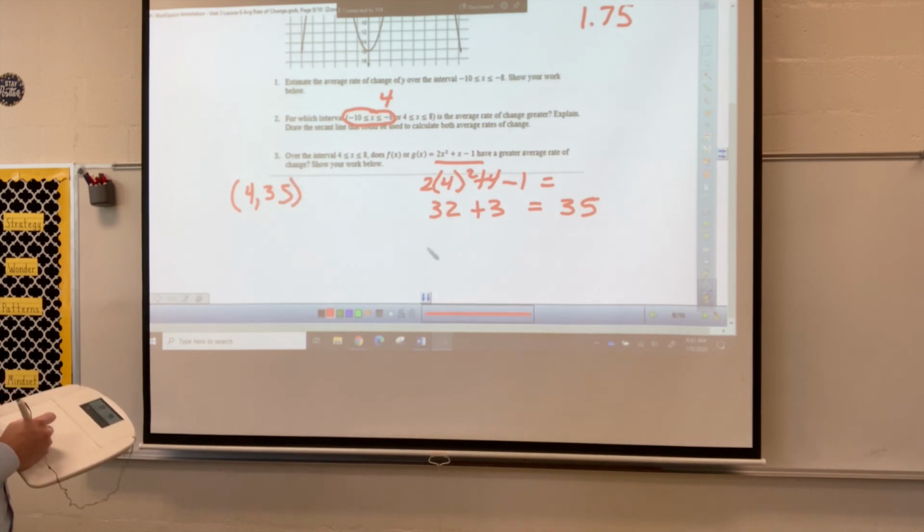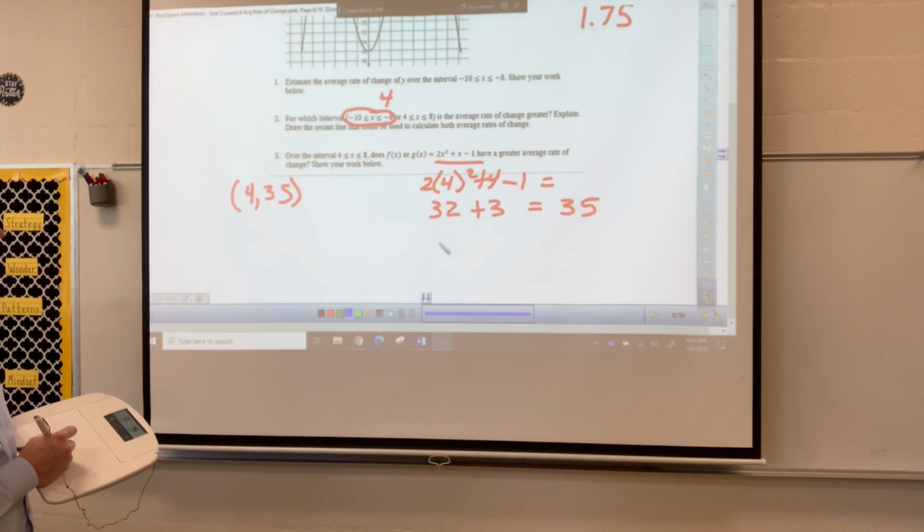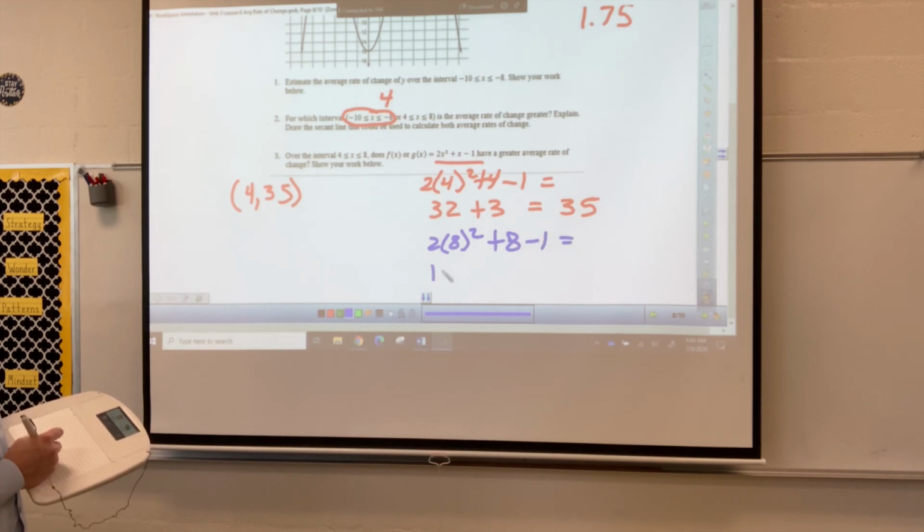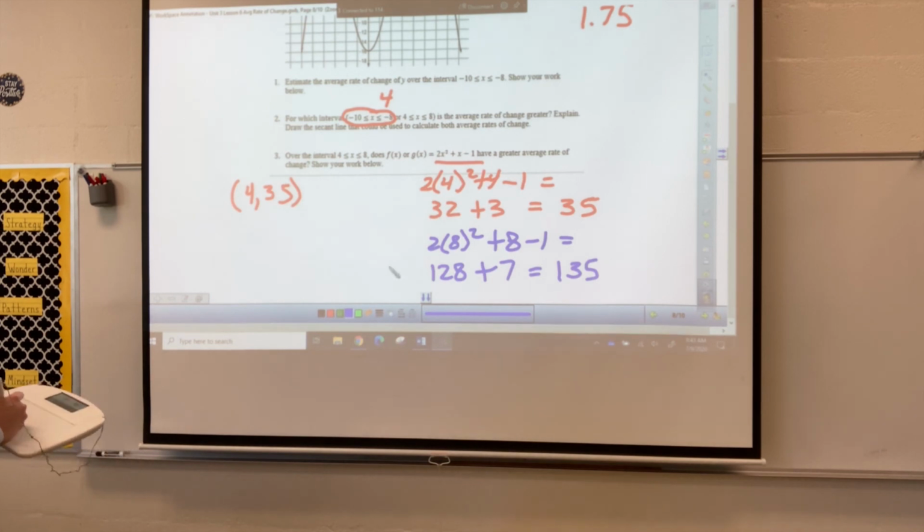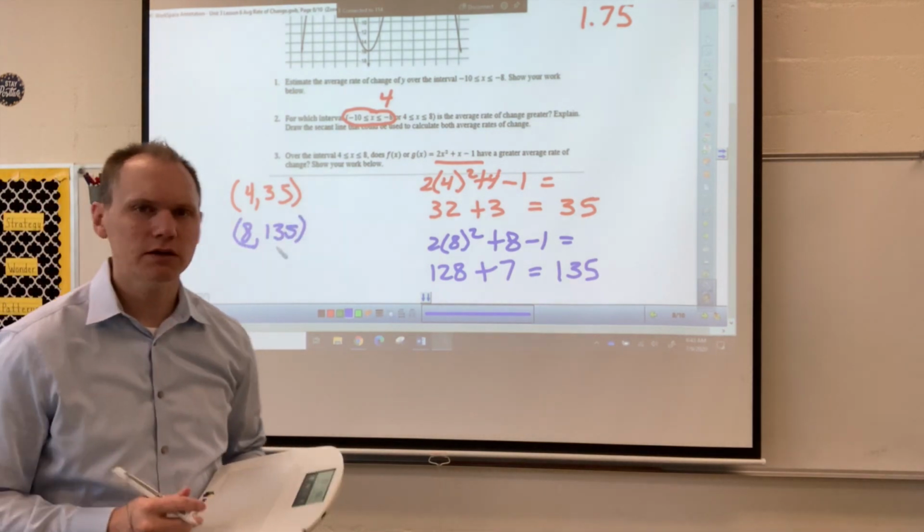And then when we substitute in 8, I'll do that in blue here. 2 times 8 squared will be 64 times 2, plus 8 minus 1. 64 times 2 is 128, plus 7 equals 135. So we have (8, 135), so we can do the average rate of change now. So again, change in y over change in x.